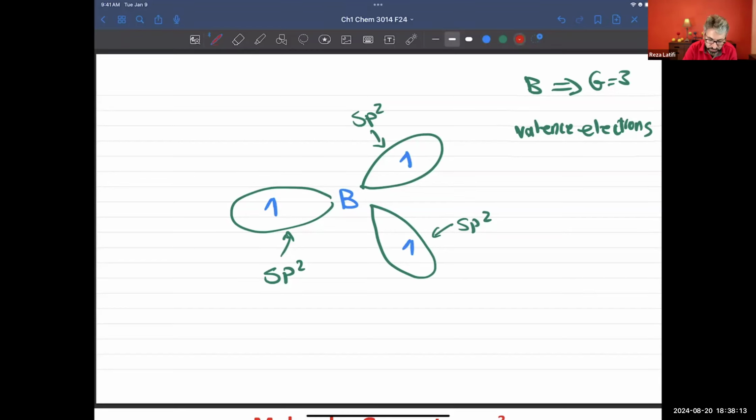Now let's show the fluorines. The fluorine are going to reach from this side. Fluorine will show up with opposite spin, and that's going to give me 3 sigma bonds.